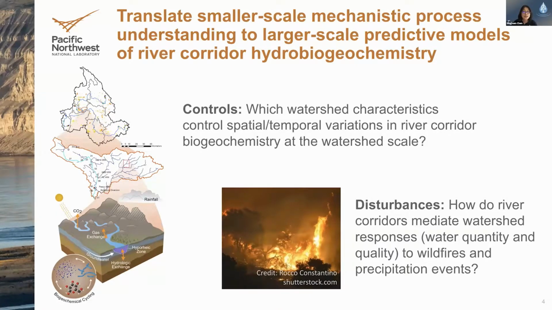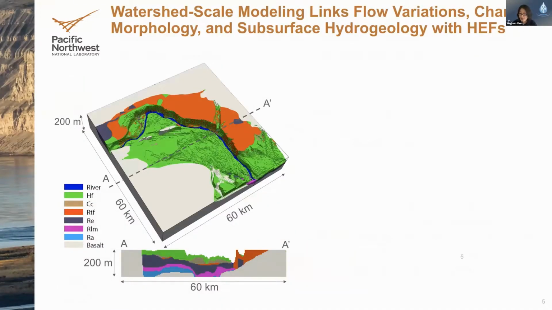To deal with these very complex problems, we usually start with the hydrology first before we couple hydrology with biogeochemistry, so we can understand what drives the biogeochemical functions of our system.